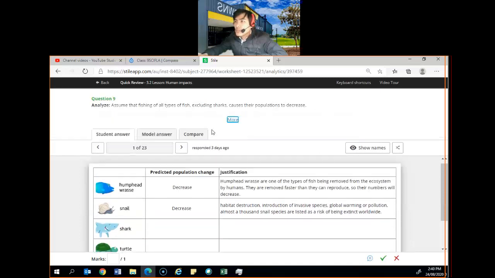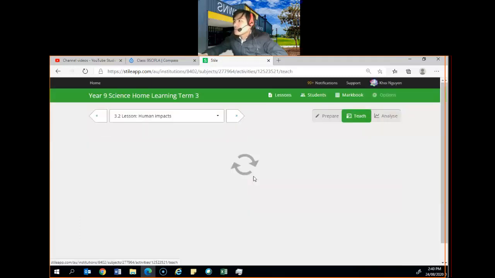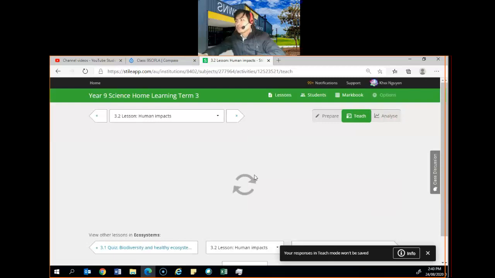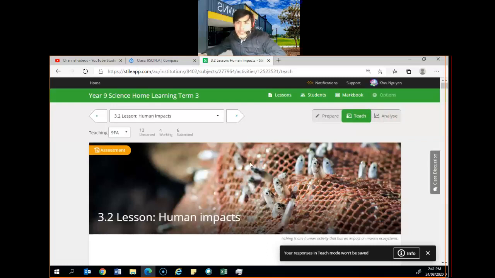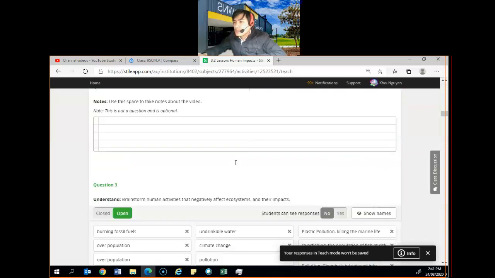Let's go through this question together. I need to go back to the question itself so that we can see the food web. So Logan said, wouldn't the snails increase? Good question. Let's have a look at the food web.